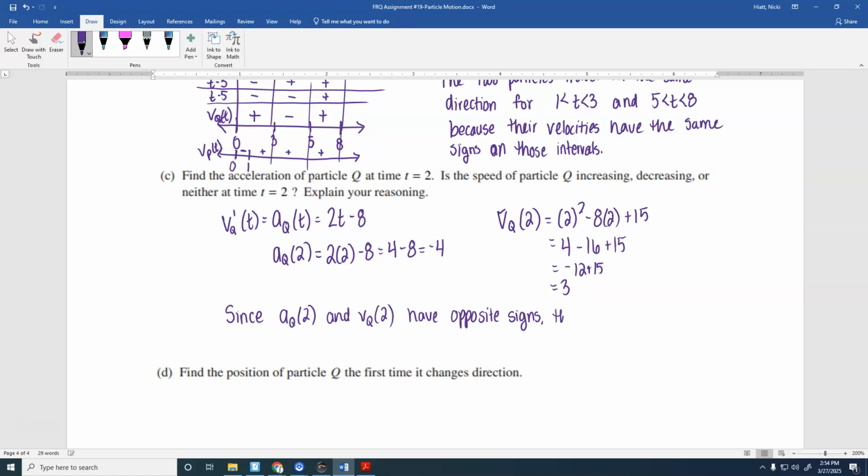The particle is slowing down when t equals 2.